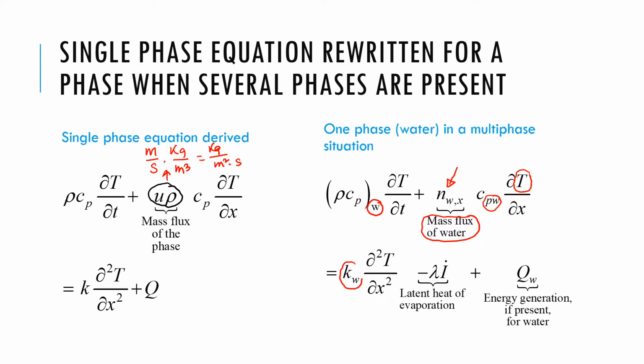So now K, thermal conductivity, is that of the water. And now to use this in a porous media situation where we can have evaporation, we need this latent heat term, latent heat of evaporation, plus the energy generation like we discussed for microwaves and so on.